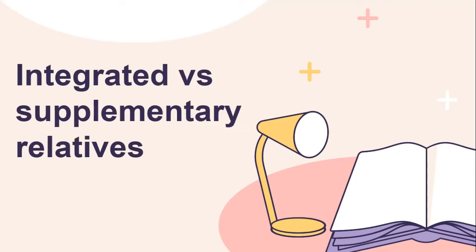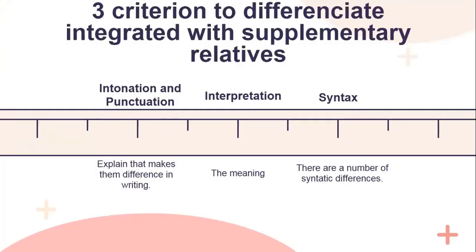So the next topic is integrated versus supplementary relatives. Here we're going to talk about the difference between integrated and supplementary relatives. There are three criteria that we can use to differentiate them.